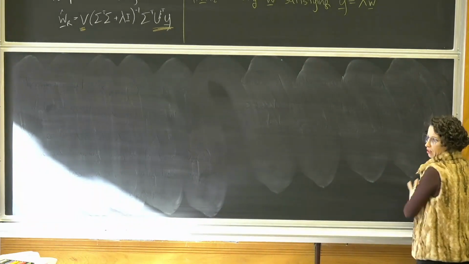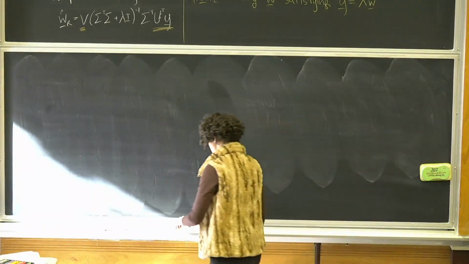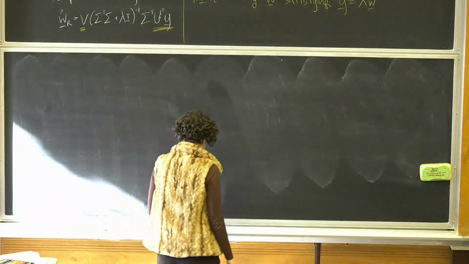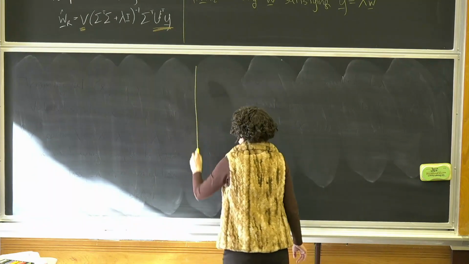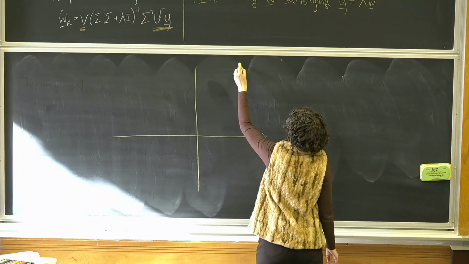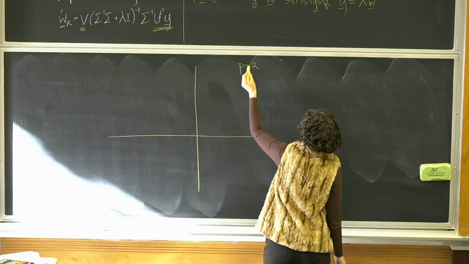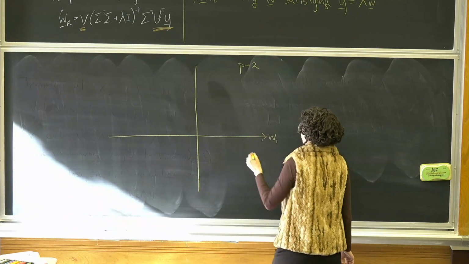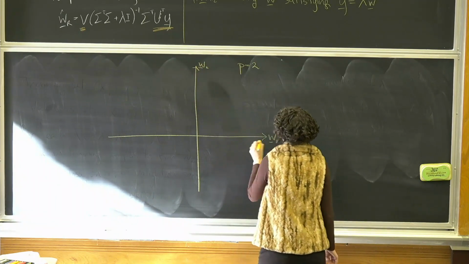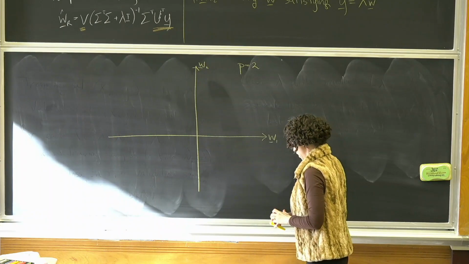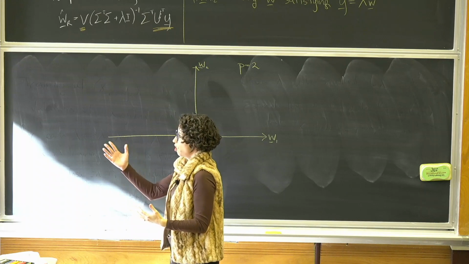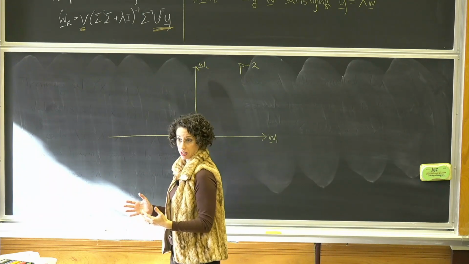Is that right? Okay, so here's one way that I could look at it. Imagine that I've got my space of possible weights. So now P is equal to 2, so my weight vectors have entries W1 and W2. And in this setting, there are many weight vectors that all fit my training data.